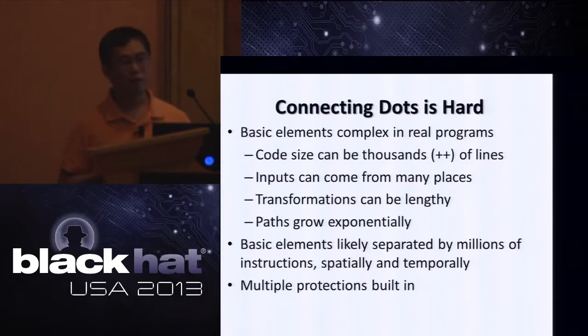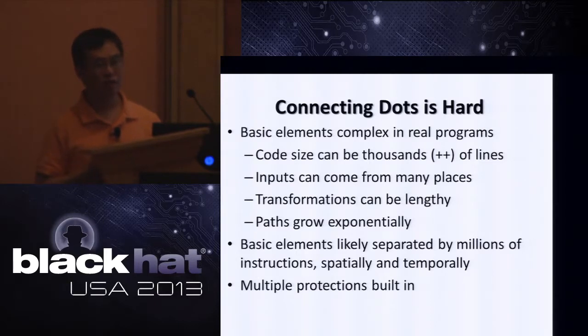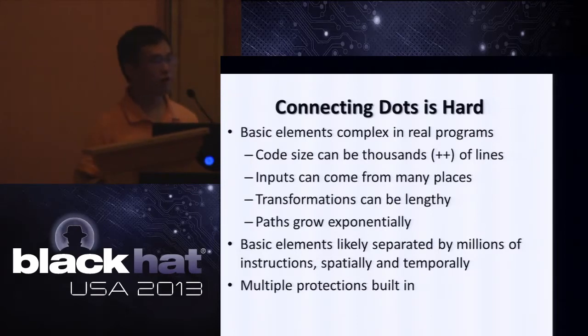The input paths can grow exponentially. Not only can each of them be complicated, they can also be separated, either in different modules or happening a long time apart. Not to mention that different runtimes and different built-in protections make matters even worse.